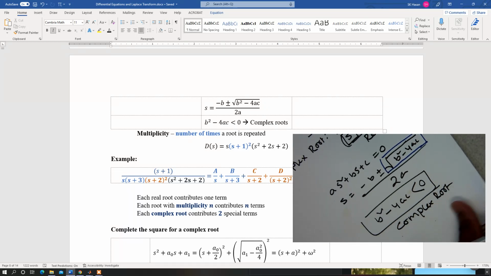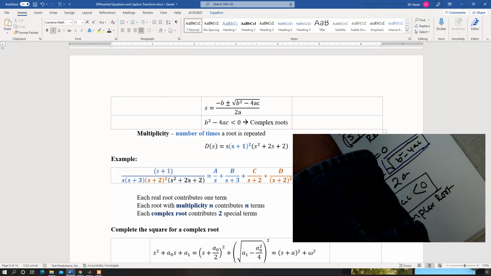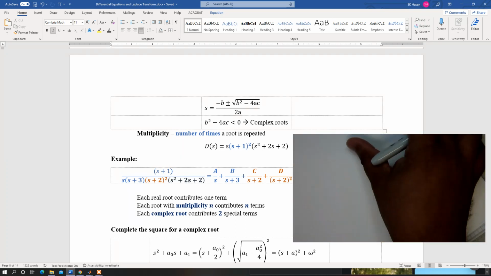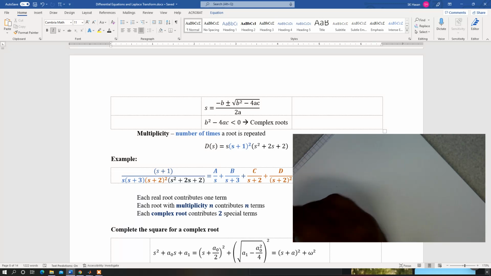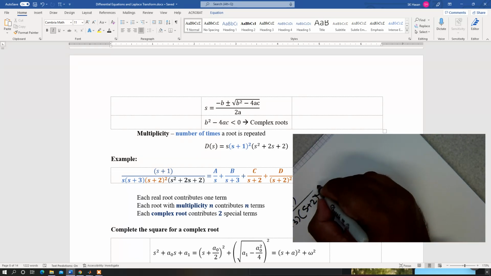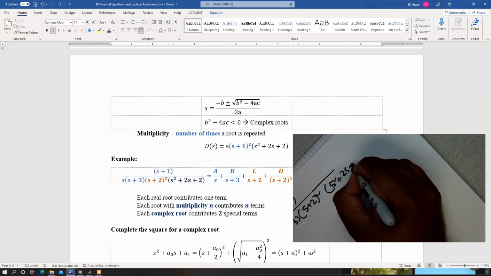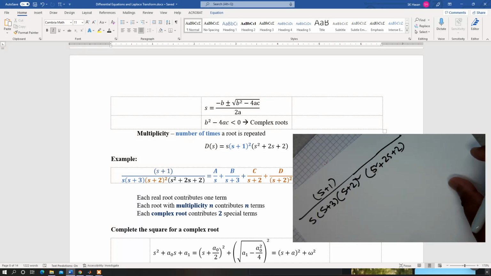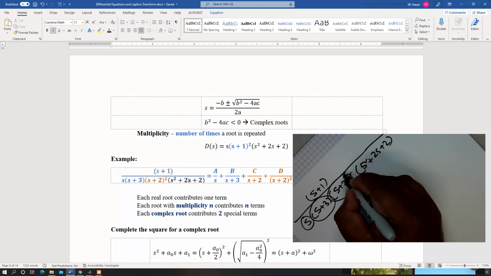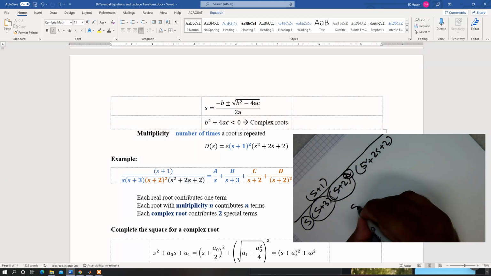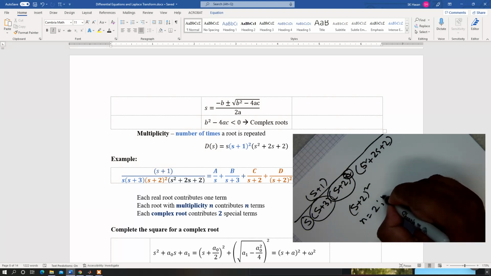Now, let me write the whole thing here first: s plus 1 over s into s plus 3 into s plus 2 whole square, and then s square plus 2s plus 2. On this expression, we have a real root here, a real root here, and a real root with multiplicity of 2, so s plus 2 whole square.